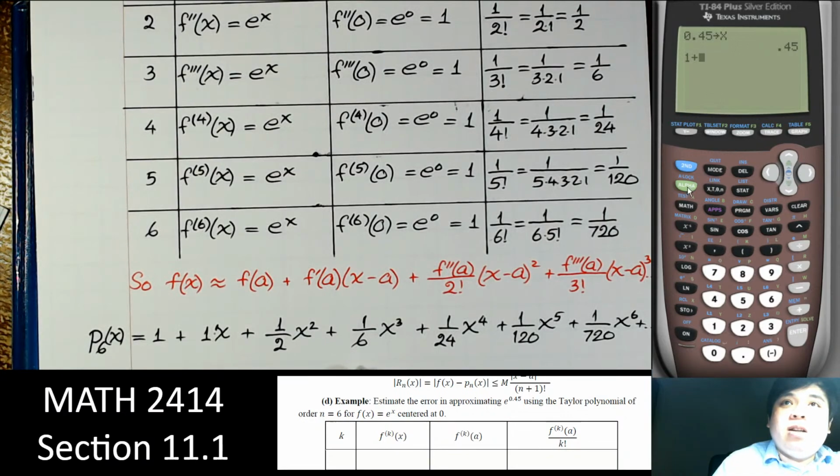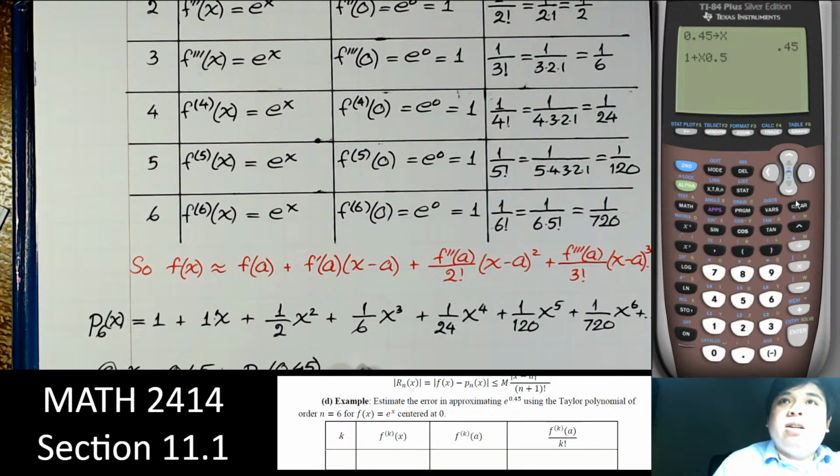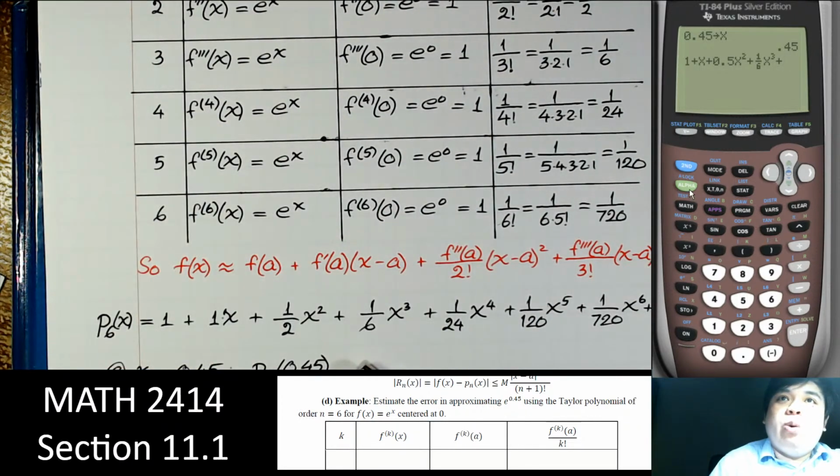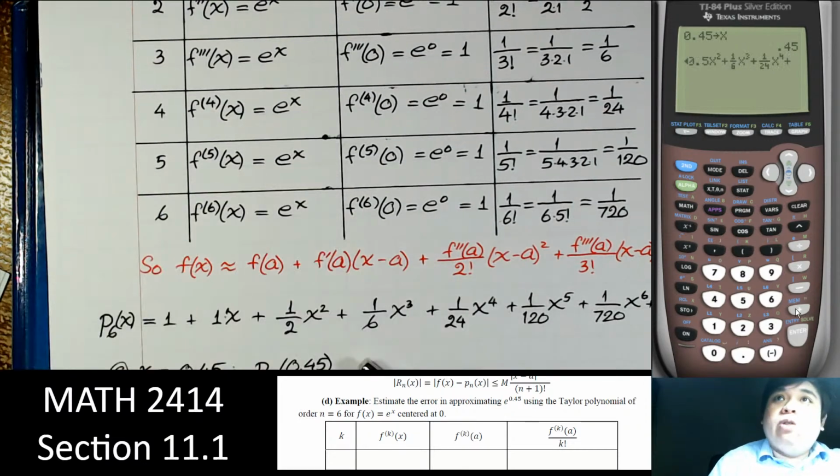I'm just going to say 1 plus x plus 1/2, which is 0.5, x squared plus 1 over 6, if you want to be nice, have a fraction, x cubed, plus 1 over 24, x to the 4th, plus 1 over 120, x to the 5th, and 1 over 720, x to the 6th.